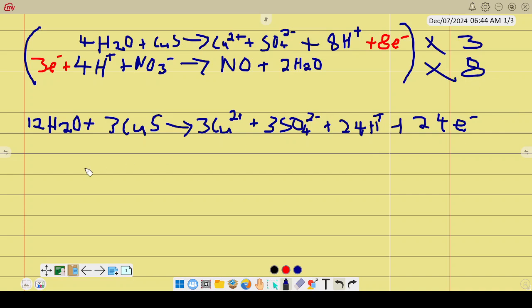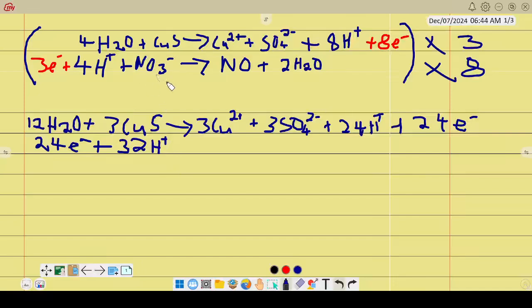Electrons coming down. 8 times 3 electrons, 3 times 8, it's 24 electrons, plus 8 times 4 hydrogens, we're going to have 32 hydrogen ions.